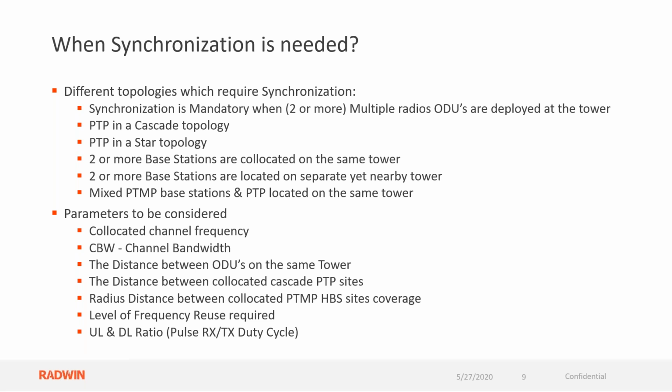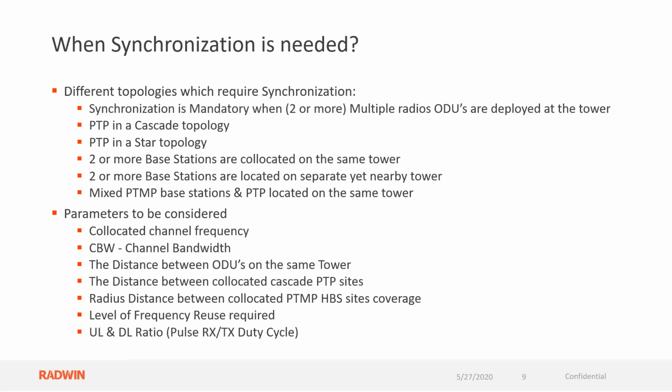Usually, in the middle, we will deploy the base station, and at the remote side, like a star, we will put the subscriber unit for each point-to-point link. And then I will explain why we usually put the base station in the middle.